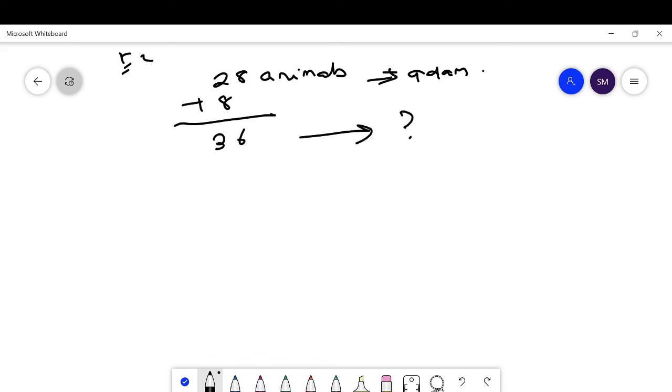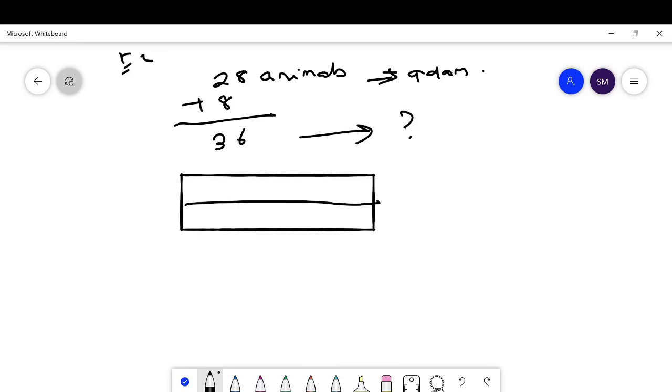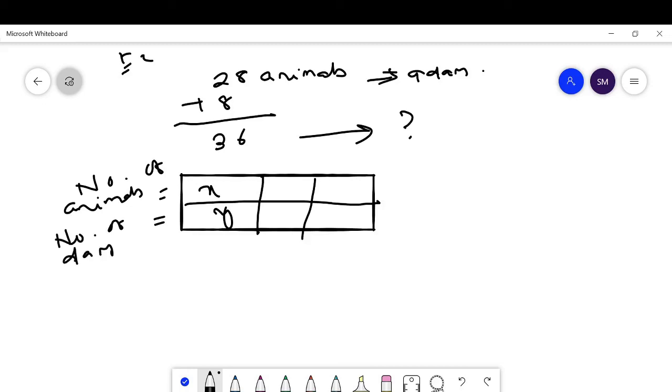Then to find out the number of days, this is also inverse variation. Inverse variation means x into y equal to k constant. Here x is the number of animals, and y is the number of days taken to consume the food. Here the number of animals is 28 and the food is consumed in 9 days.